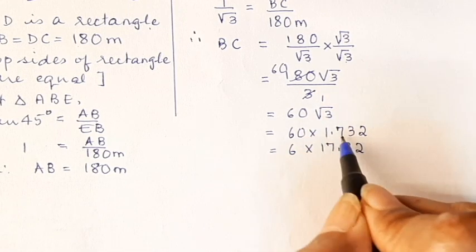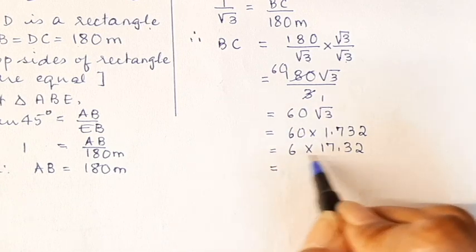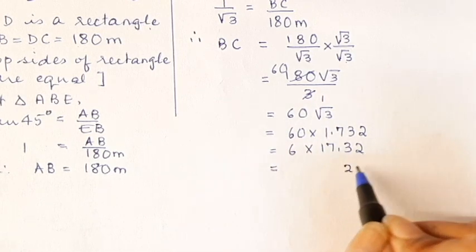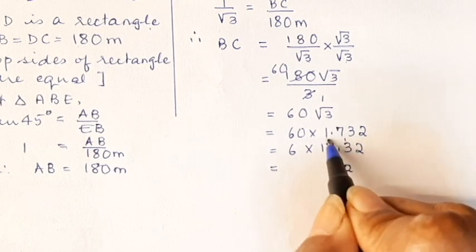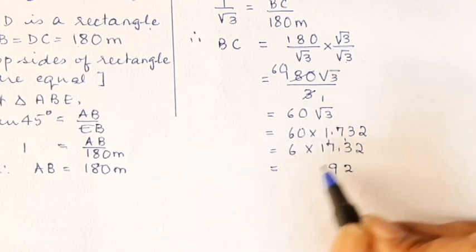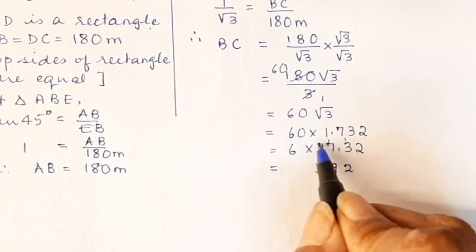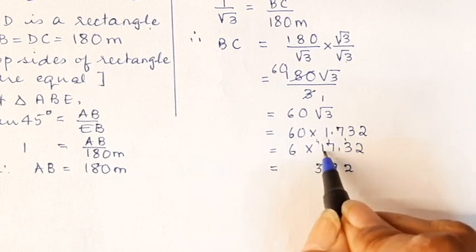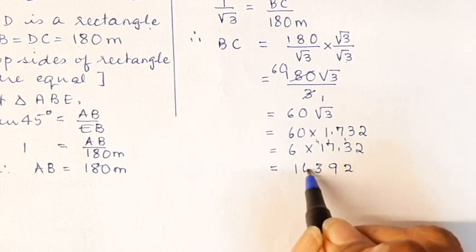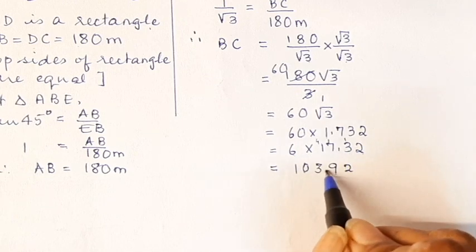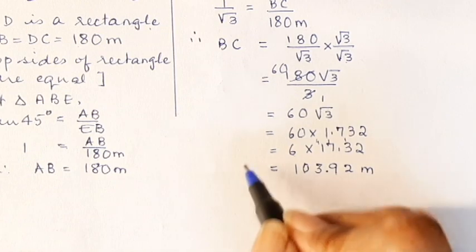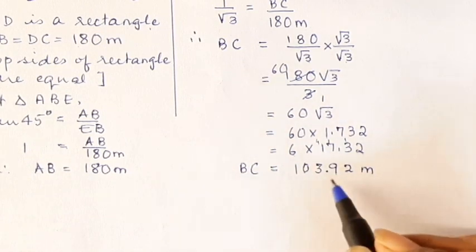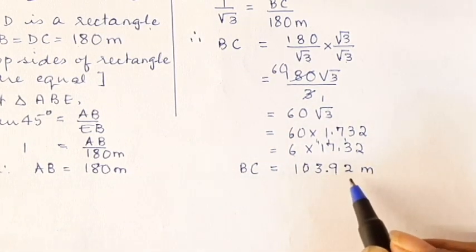We use this 0 to shift the decimal, and so 6 2's 12, carry 1, 6 3's 18 and 1, 19, carry 1, 6 7's 42 and 1, 43, carry 4, 6 1 6 and 4 10. 2 decimal places here. And so we got BC equal to 103.92.